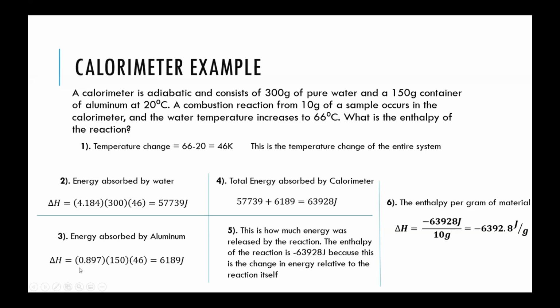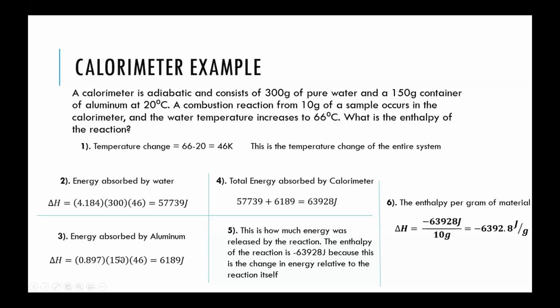The aluminum has a different heat capacity. The heat capacity of aluminum is 0.897. It's a different mass of aluminum, so times 150 grams, but the change in temperature is the same. The whole unit, or the whole calorimeter as a whole, increases in temperature by the same amount.